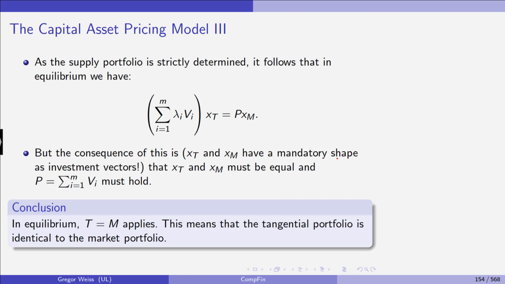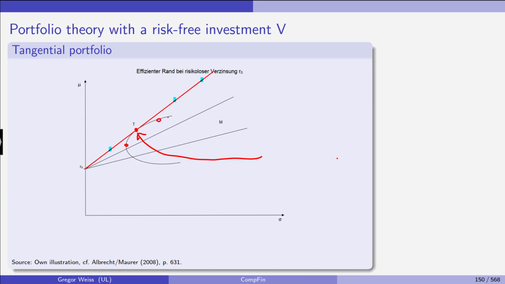So in equilibrium, T equals M. This means the tangent portfolio is identical to the market portfolio. That's the first result of the capital asset pricing model.